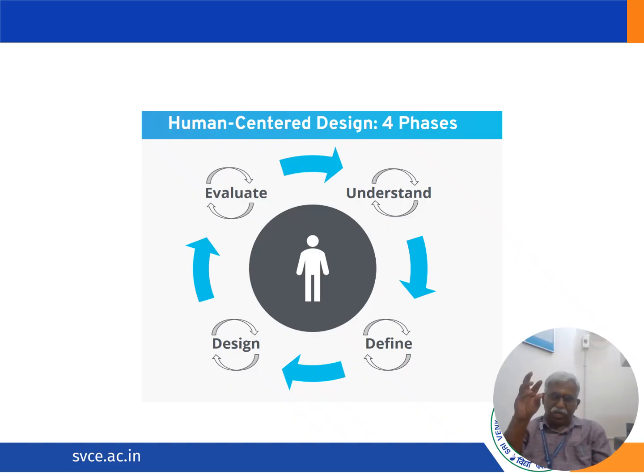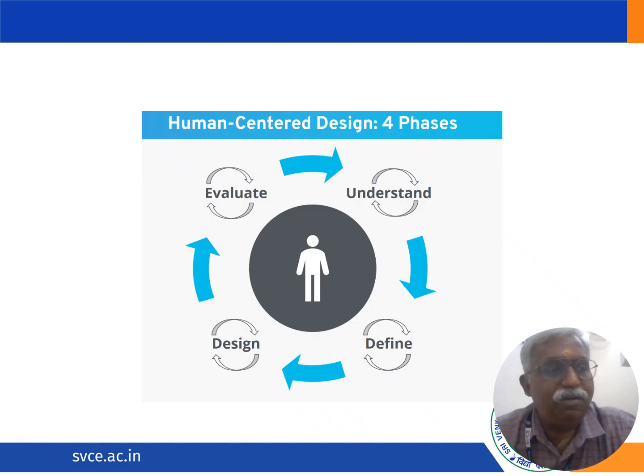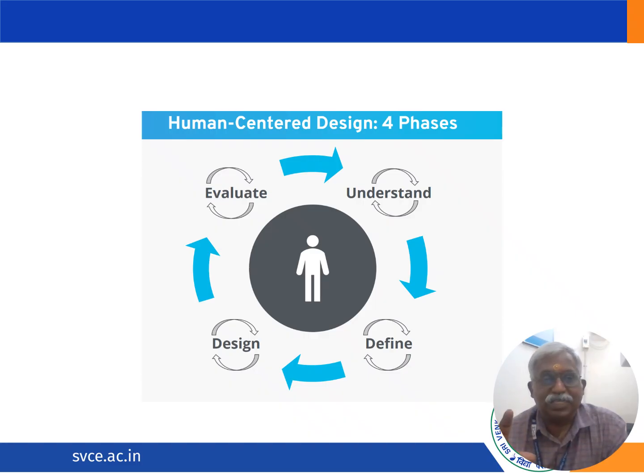Based on understanding only, we are defining the problem statement. Then we give a solution by means of designing something. Then we will go for evaluation. So understanding, defining, design, evaluation, these are the continuous processes involved in human-centered design. These are the major four phases.